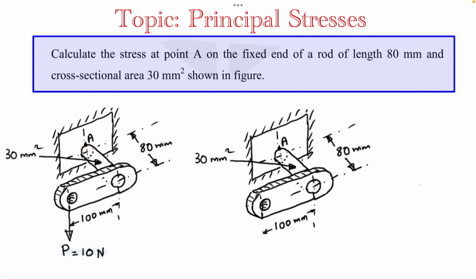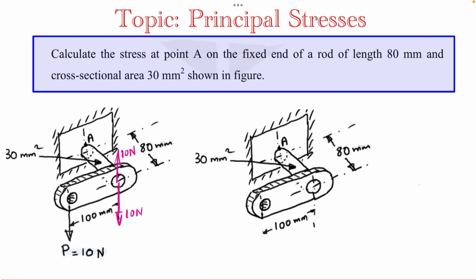First I will be transferring this applied force from this line to this line, or from this section to this section. I will draw equal and opposite forces at this location, each of 10 Newton magnitude, so that the net effect is 0 and it is equivalent to the original case.